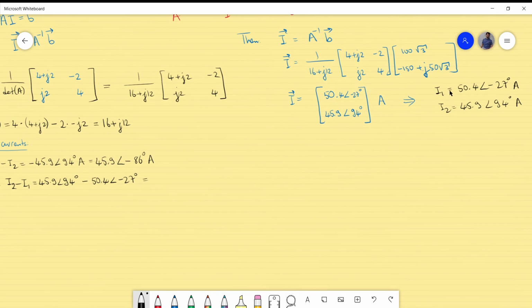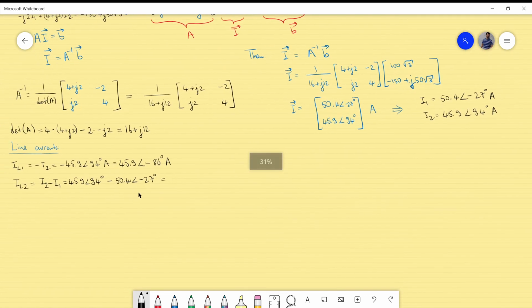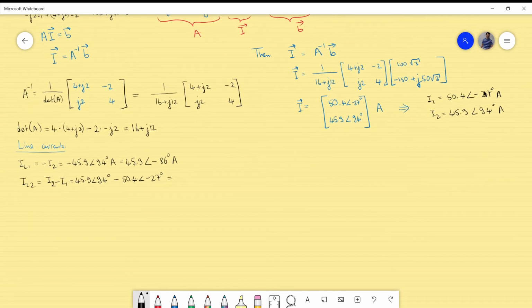We have calculated I1 and I2, and I've substituted all of them here. So let me zoom out a little bit more. This is I1, I2, I minus I2, and IL2 is this one. So I just substitute the values. If I now do the math here, converting from polar notation to rectangular notation, adding them up and going back to the polar expression, I will leave the details out.